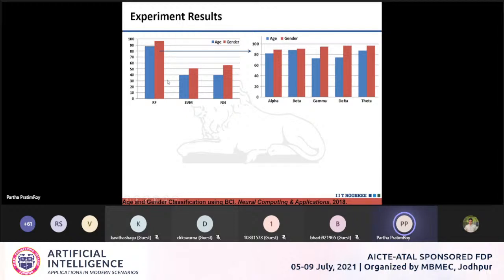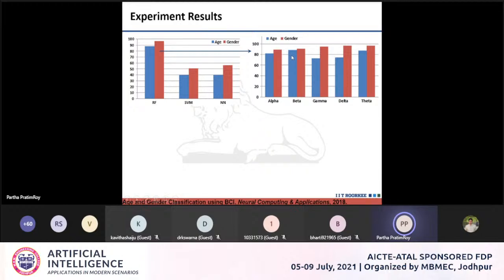And if we use only the bands, instead of the full raw EEG signal, I extract the different bands like alpha, beta, gamma, delta, theta, and use only those frequencies and how frequently they appear in the signals. Then we see the accuracy is good in the theta band or beta band.